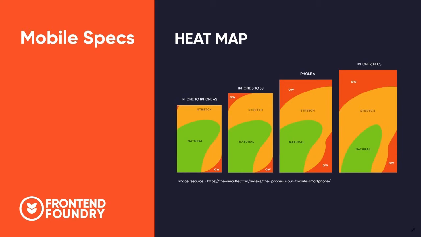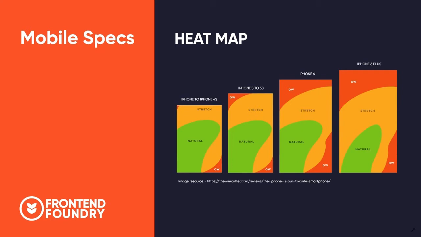You may ask why you need this? Of course, to set your call to action in the right place and let the user click on this element with ease. Here you may see different areas of a heat map of screens, iPhone to be precise, and you see that the green area points to natural gesture, so it's not hard for us to use this area.